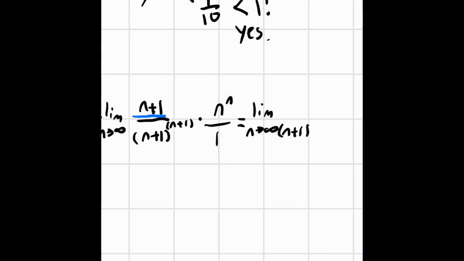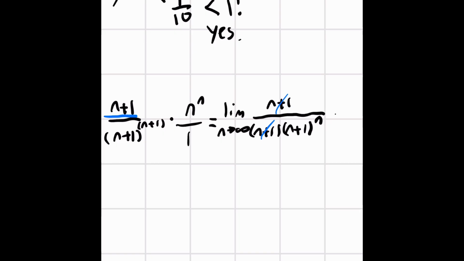I'm going to rewrite that denominator as n plus 1 times n plus 1 to the n. Saying it's to the n plus 1 power means you multiply it by itself n many times, and then once more. But I'm emphasizing we can rewrite it like this because that will make this piece cancel with this piece, but we still have n to the n.